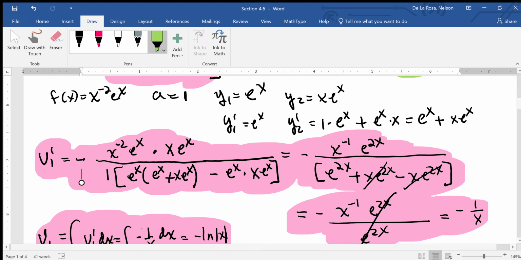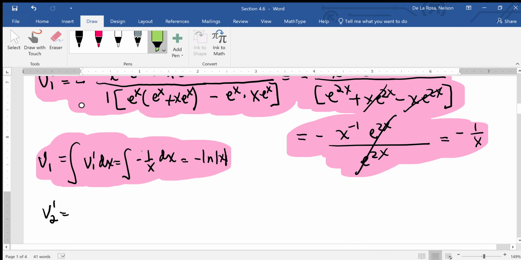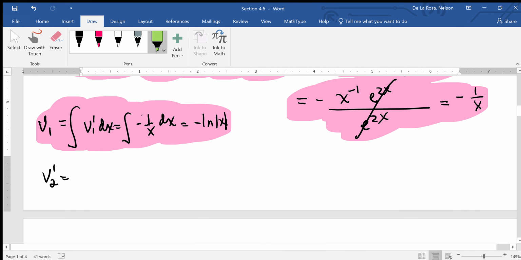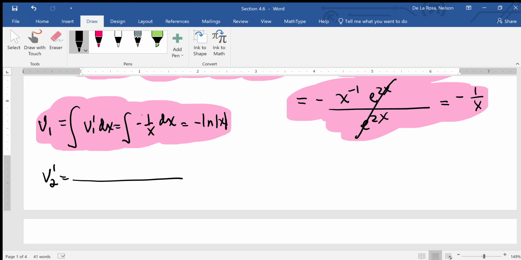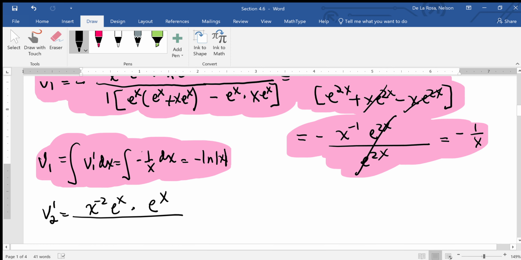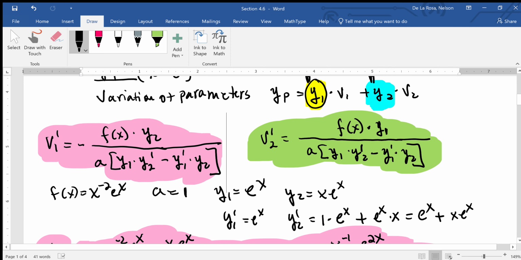So let's find v2 prime. Recall v2 prime is f of x, which is x to the negative 2 e to the x, times y1, which is e to the x, divided by the same denominator. Notice that the denominators in both formulas are the same.